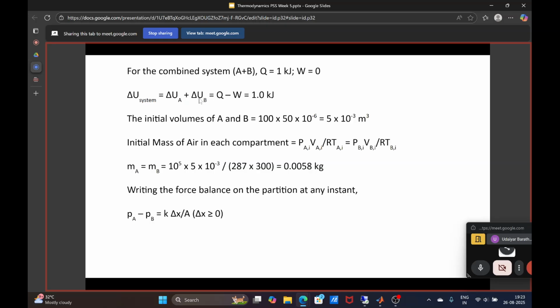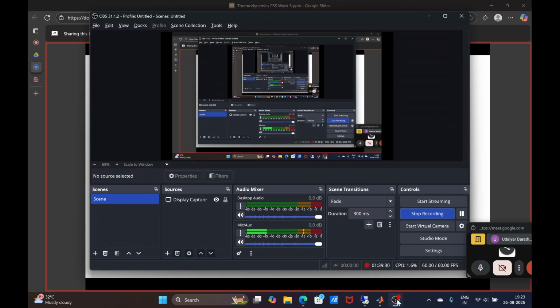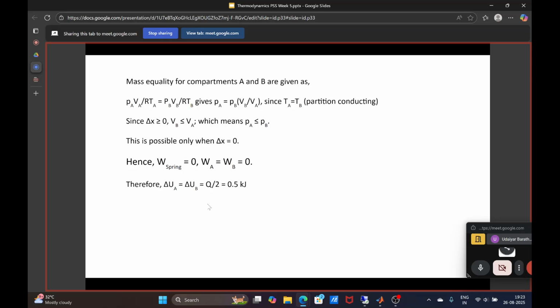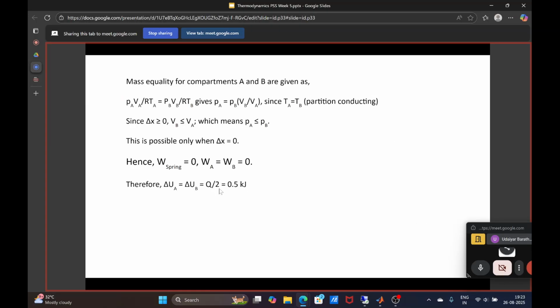So 2 times delta U equals Q. Delta U for each compartment will be Q by 2, which comes out to be 0.5 kilojoules. That is shared by each of the compartments.